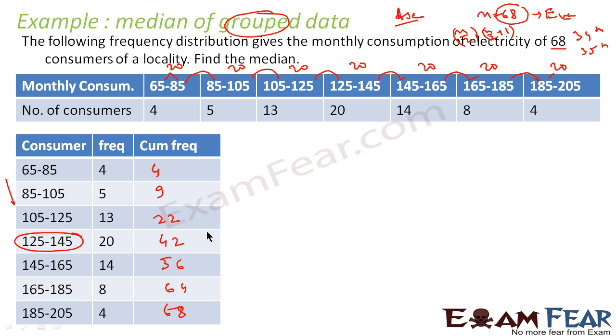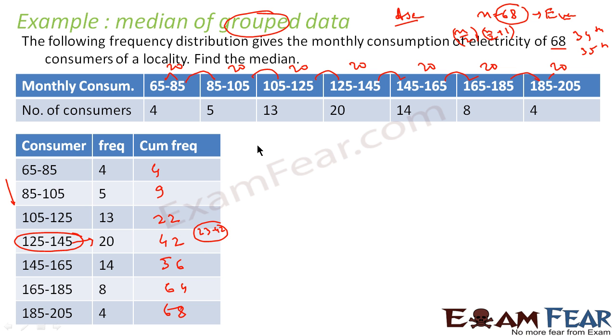Because this ranges from 23 to 42. So this is my median class. The first problem is solved. We have the median class, because the 34th and 35th terms should be in the median class, and we found that this is the median class because the 34th and 35th terms are in this class.